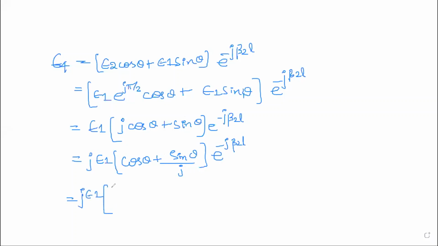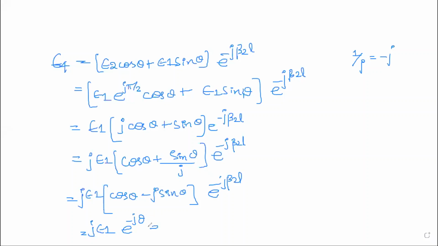What is 1 by j? 1 by j is equal to minus j. So here it is minus j sin theta, e to the power minus j beta 2L, with j E1 outside. Now I can apply the formula of cos theta minus j sin theta as e to the power minus j theta, e to the power minus j beta 2L. Any confusion still here?